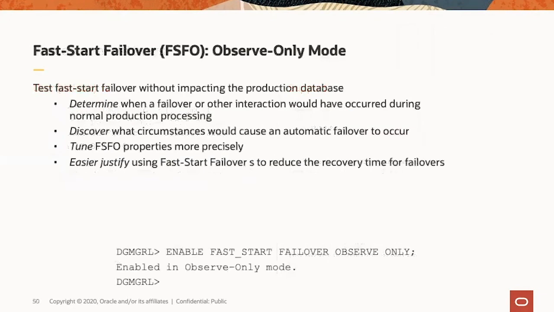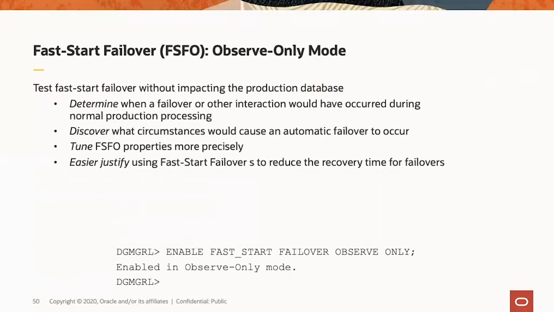DBAs love to be in control, and they should. That's why they might be interested in the observe only mode, because nobody wants an unexpected failover. Fast start failover means that we are going to fail over your database to the standby database when we can do it without data loss, but also when we think it needs to be done, or rather, when the observer thinks so.